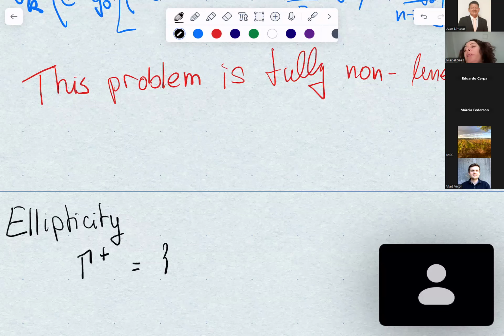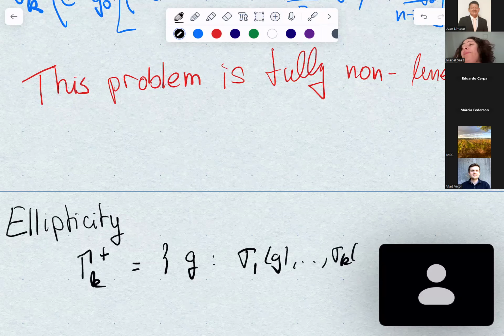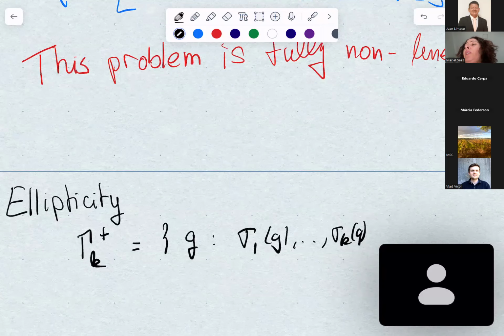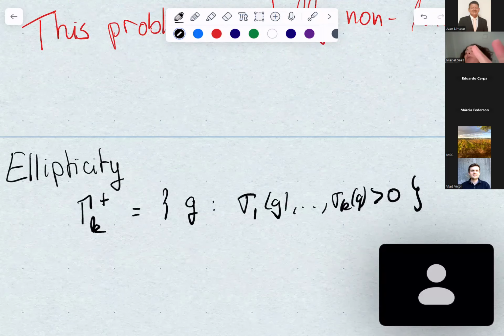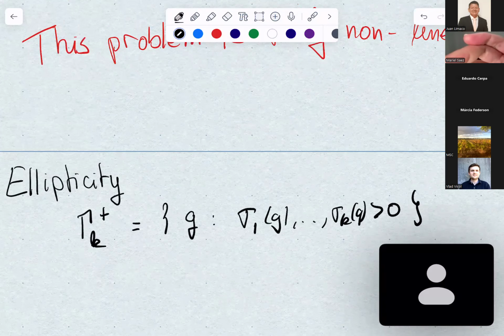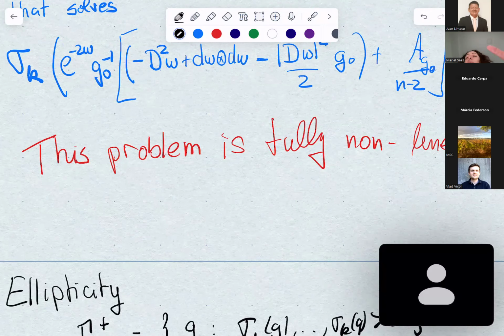That will be the matrices g such that all the sigmas up to k are positive. If you restrict to metrics that are in this cone, then you know that your problem is elliptic. But if you don't put any condition, then you cannot really use PDE theory, or at least it's not so easy, because the problem is not even elliptic.